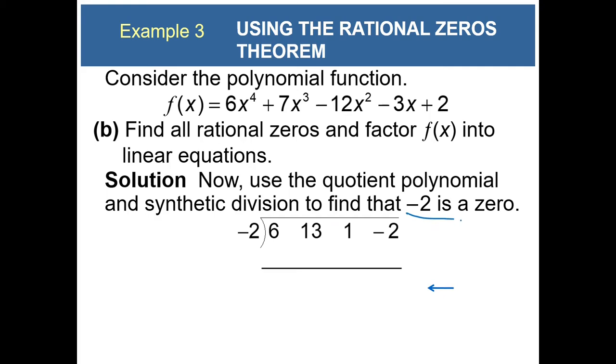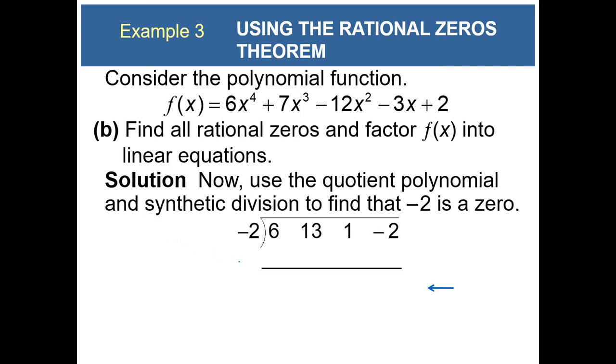Now how do I know negative 2 is a 0? I plugged in negative 2 into the original function f of x with a calculator, and I got a 0. So we really don't have to struggle with trial and error. We can just plug it in with the calculator, and we know if it gives us a 0, the remainder should be 0 when we do synthetic division.